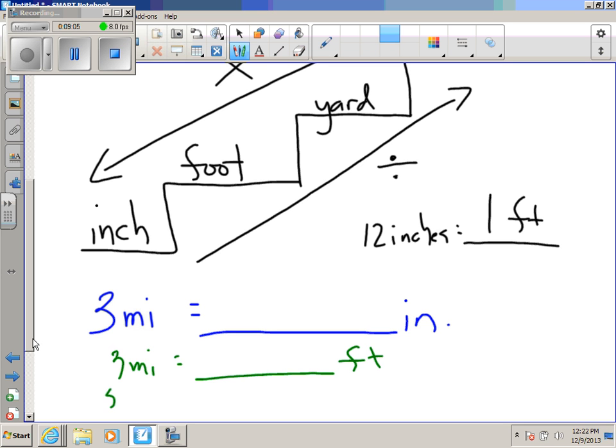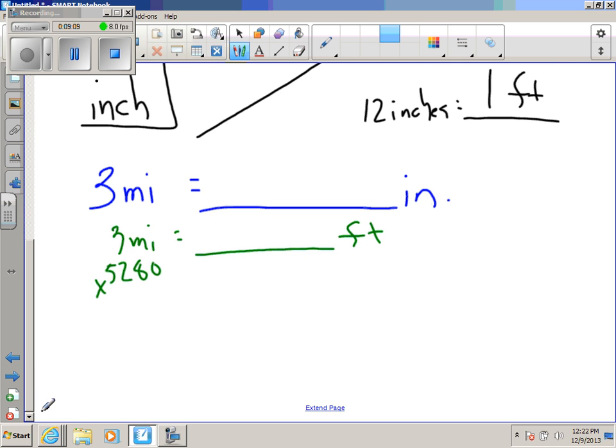So I'm going to multiply this 5,280 times 3. And I'm going to get 15,840 feet. That's how many feet are in 3 miles.